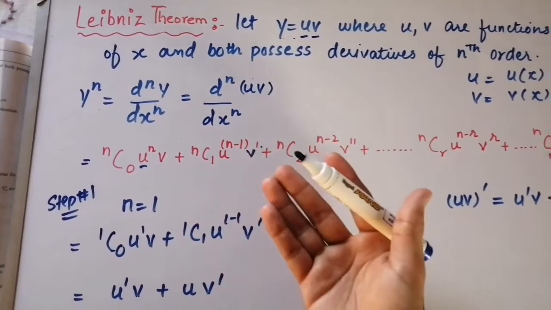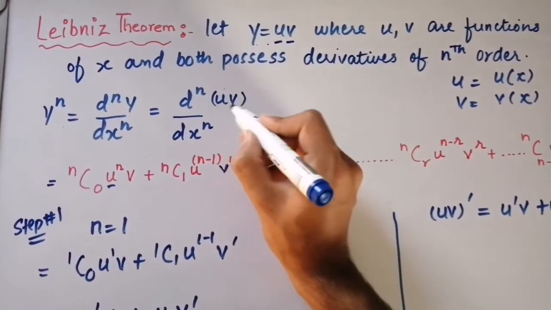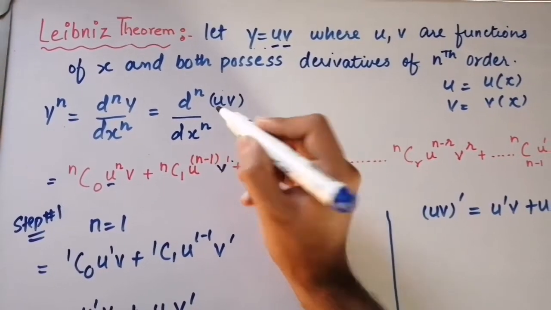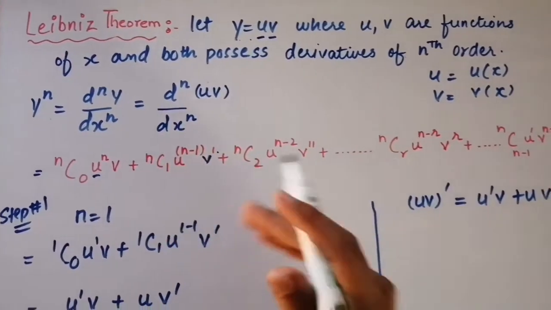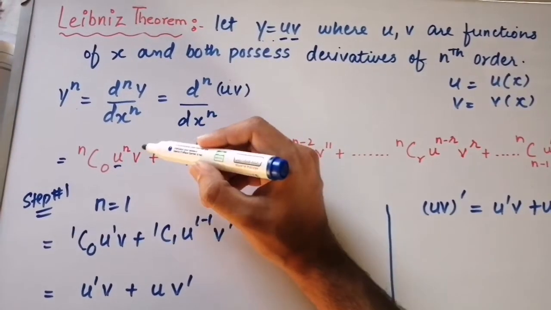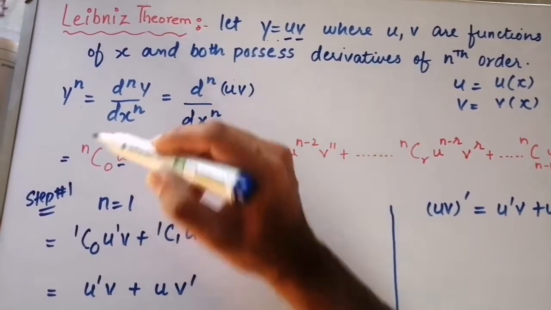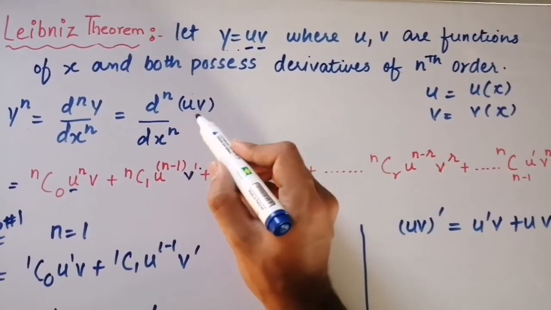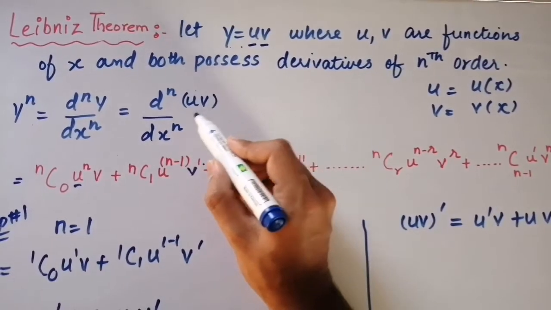So it will justify that the answer we obtain by applying product rule is exactly the same as the one from Leibniz theorem by putting n equal to 1. First we will manually solve this function and find the derivative of that particular function uv.